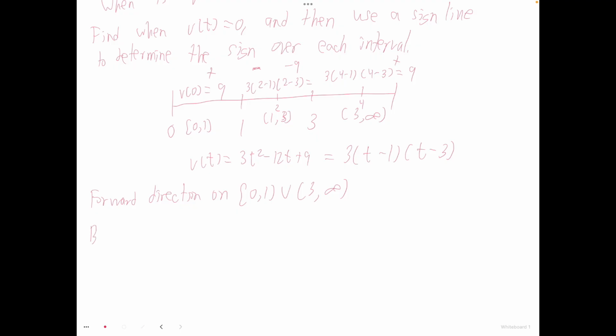And then we're moving backward when the velocity is negative. And so it's negative on 1 to 3. And so we found both when we were moving forward and when we were moving backward. So when we were moving forward was 0 to 1 and from 3 to infinity. And then backward was from 1 to 3.